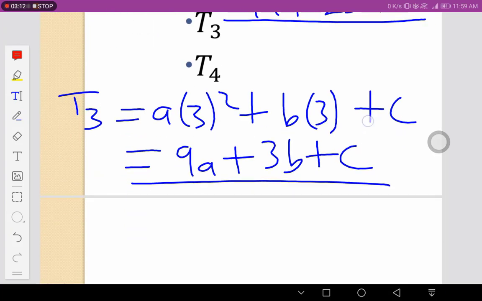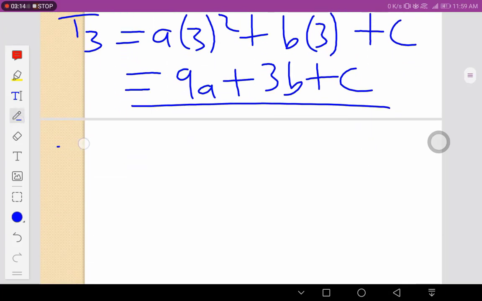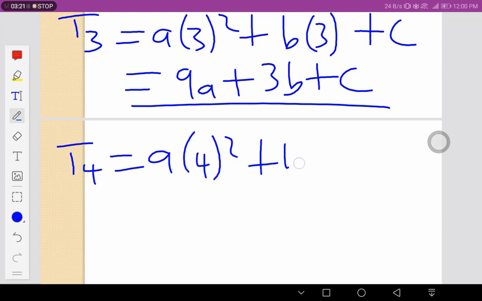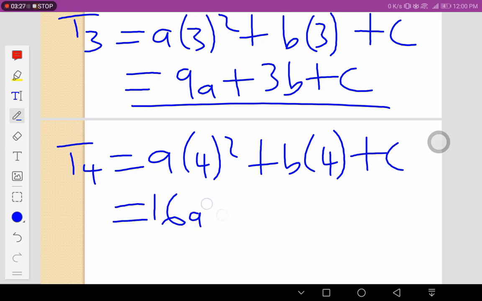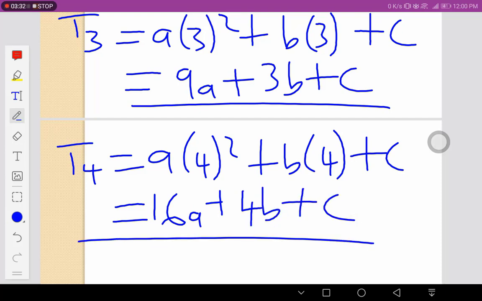Let's do t4. T4 is a times 4 squared plus b times 4 plus c. So this becomes 16a plus 4b plus c. So these are our terms. Let me rewrite all of our terms together in the form of a result.